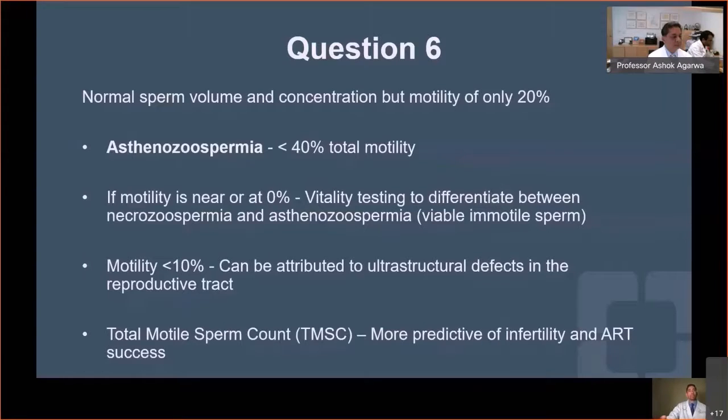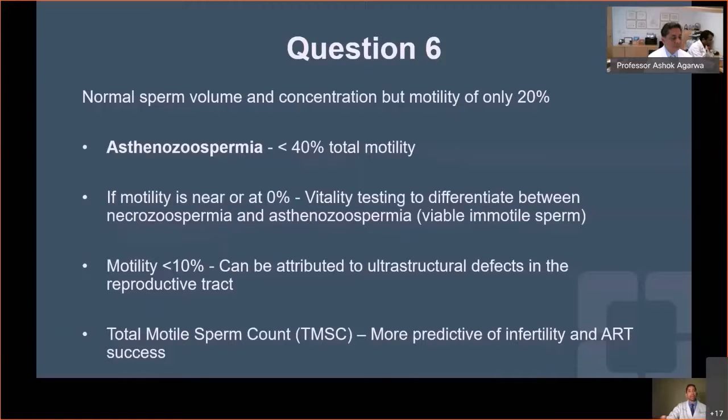We'll have a lecture later in the series dedicated to specialized testing such as vitality testing. In a patient where the motility is less than 20%, or even less than 10%, we can sometimes attribute ultrastructural defects in the reproductive tract as a cause for the low motility.